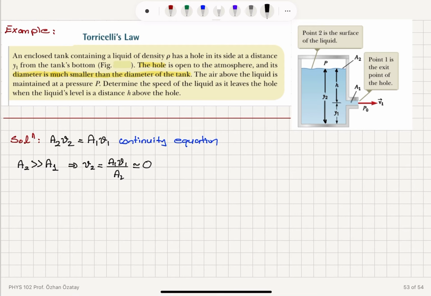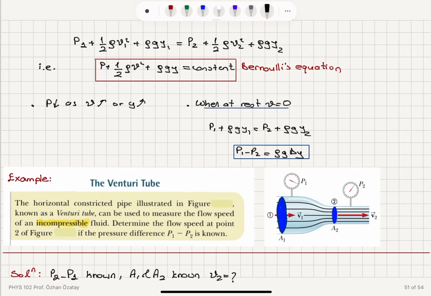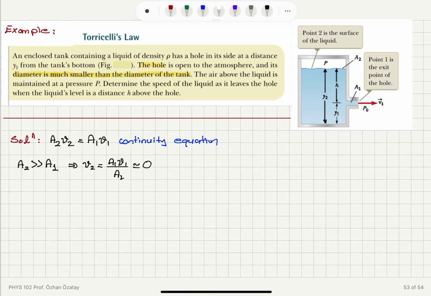Now we write Bernoulli's equation this time. In the Venturi tube, we didn't have a potential energy term, remember, so these were all at the same level. Here they're not at the same level, but we can neglect the kinetic energy of the particles at the surface. So for point 2, we have pressure P plus the potential energy term rho g y2, and we neglect the kinetic energy.